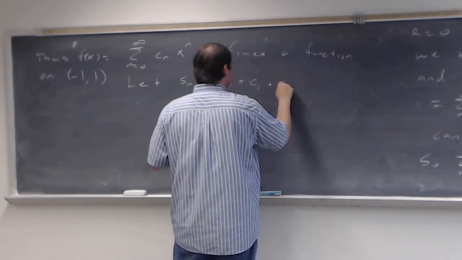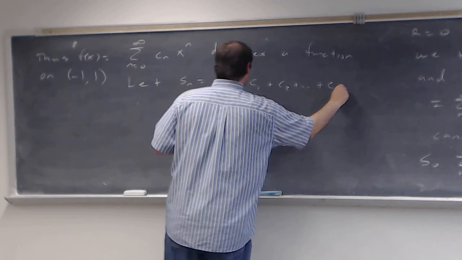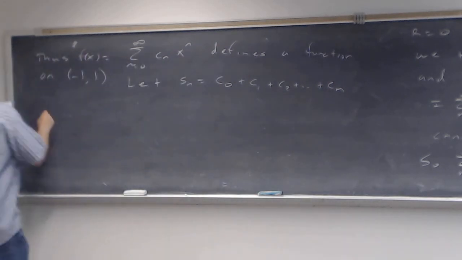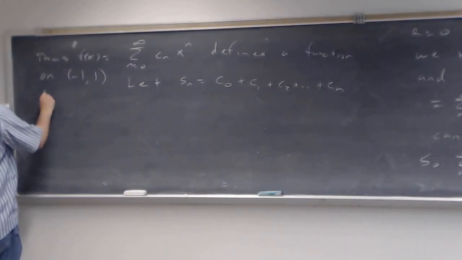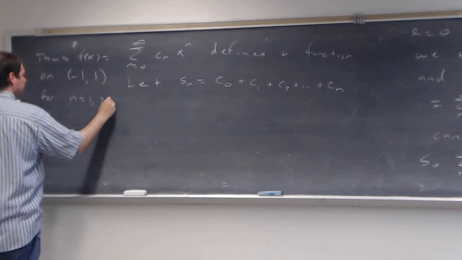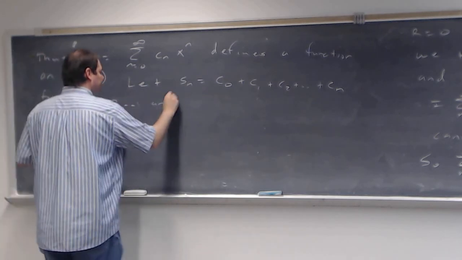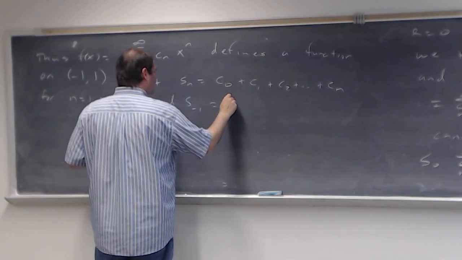Now, we're going to let s sub n be equal to c sub 0 plus c sub 1 plus c sub 2 plus all the way up to c sub n for n equal to 1, 2, 3, forever, and s sub -1 be equal to 0.